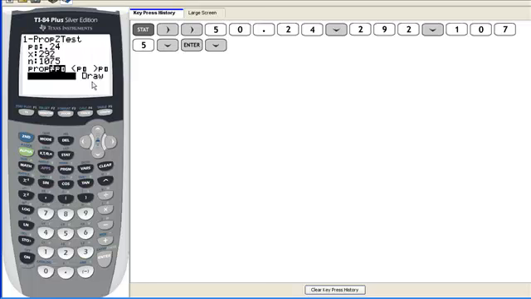So the draw part gives us our test statistic in each tail along with the area. So essentially that draws the p-value. But what I want is my test statistic and my p-value, so I'm going to click on calculate, or enter on calculate.